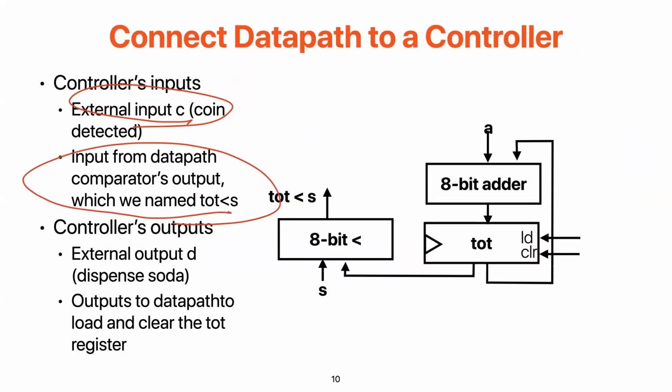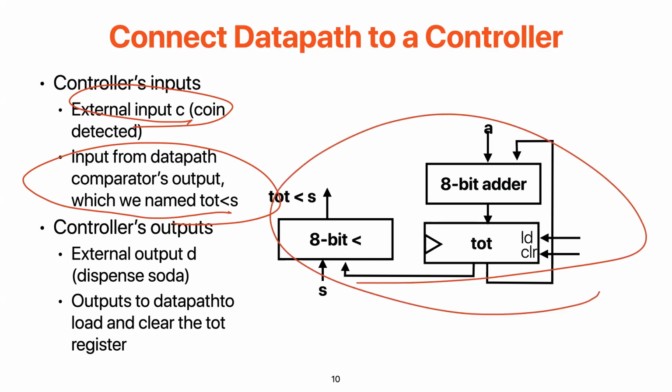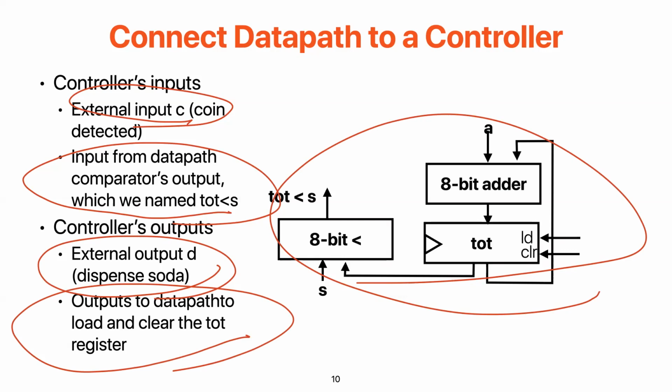And for the controller, the output we will generate is the external output, like if we are ready to dispense soda, and output to the data path to load and clear the total register. So this is the design.